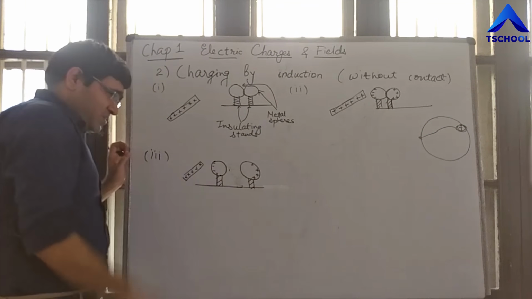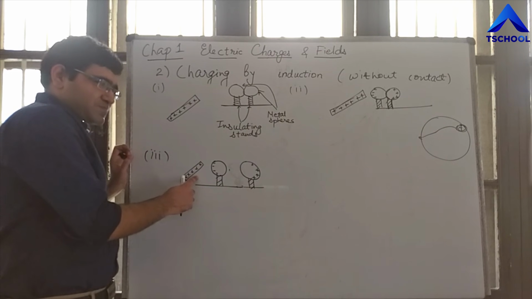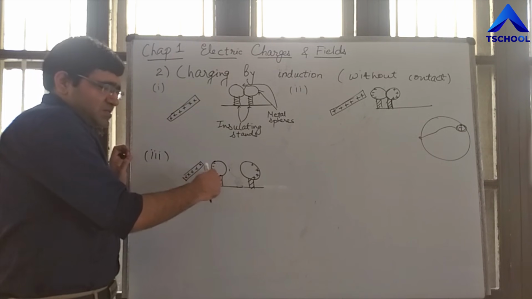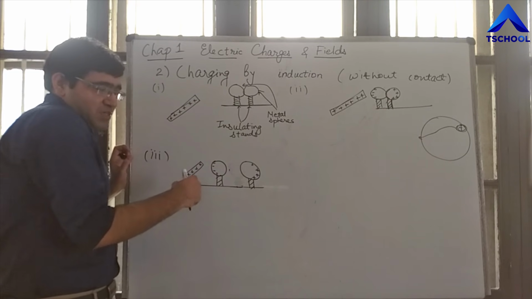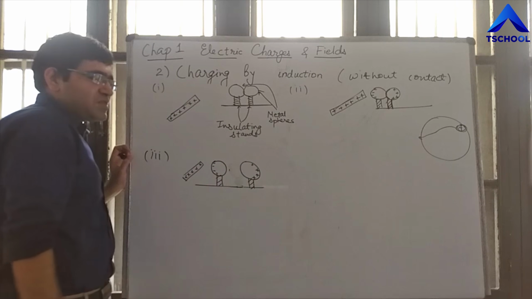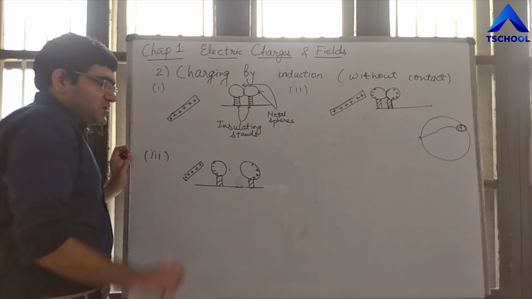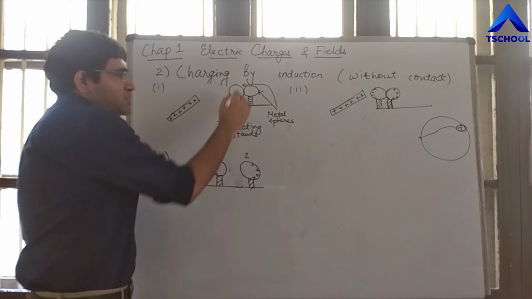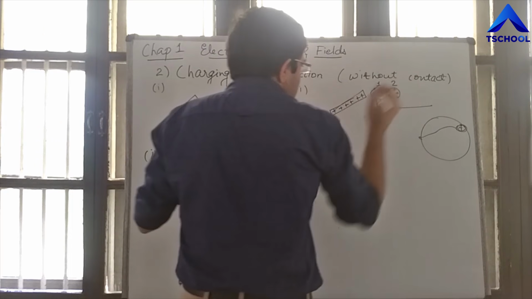So now this glass rod is positively charged, and the negative charges have gathered over here. The anions have gathered over here, you could say, and the cations have gathered over there. So these two spheres, spheres 1 and 2, let me put labels everywhere.